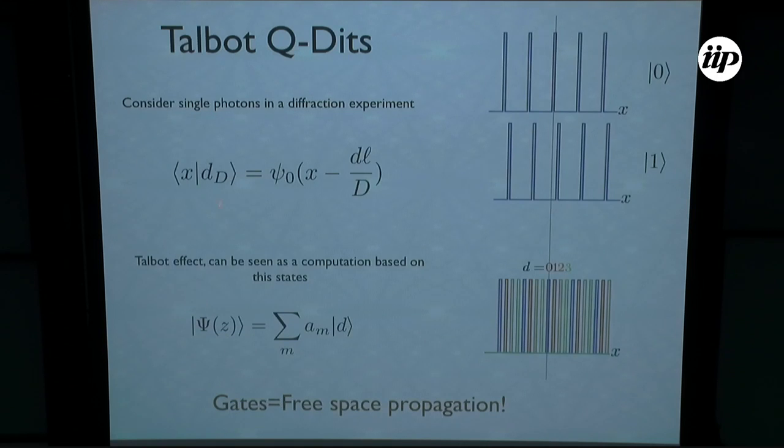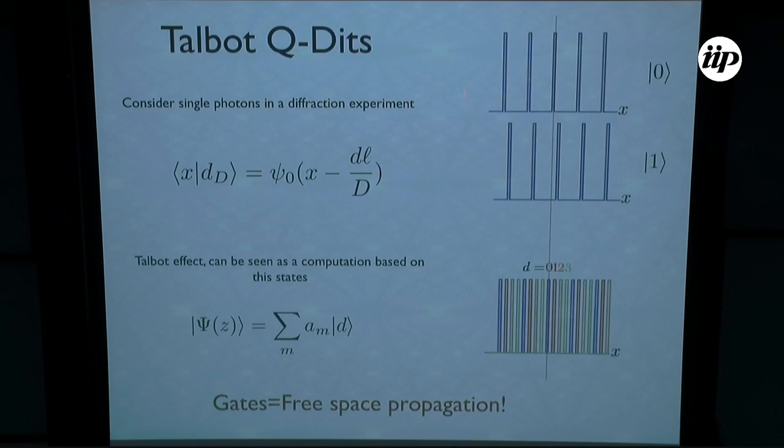quantum Talbot qubits. Now we are going to consider single photons in this very same diffraction experiment, and we are going to consider the state of the grating initially, at the zero position in the propagation, as the zero state. Then the one state, for instance, will be a displaced version of the same grating. So we have a single photon whose distribution in the transverse plane is a periodic function like this.